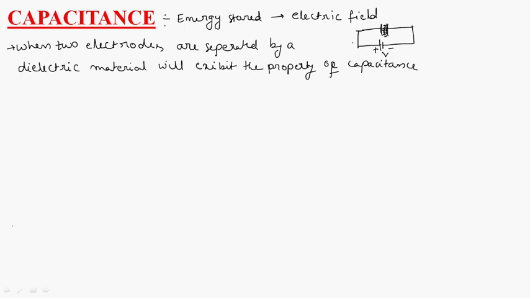The symbol for capacitance is C and the units are farads, represented with the letter F. Capacitance is nothing but charge per unit voltage.